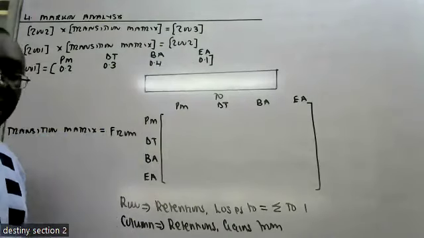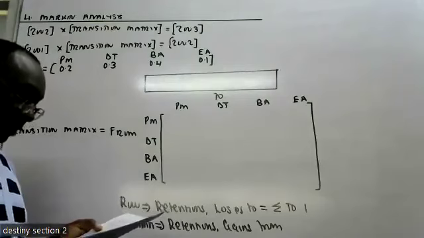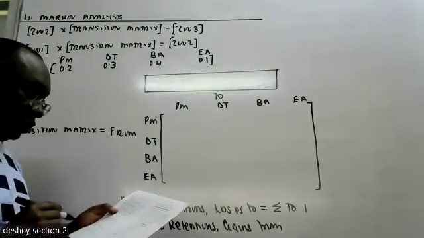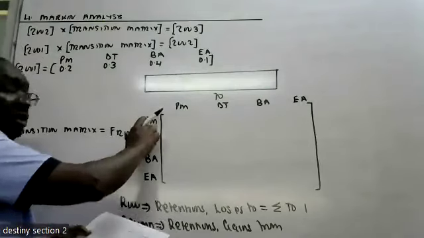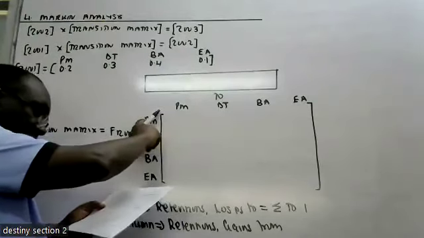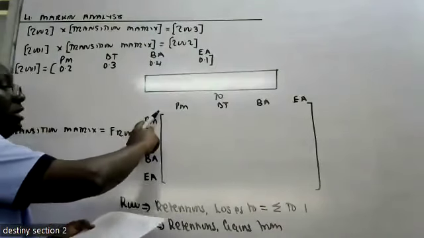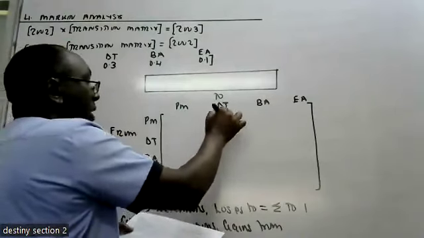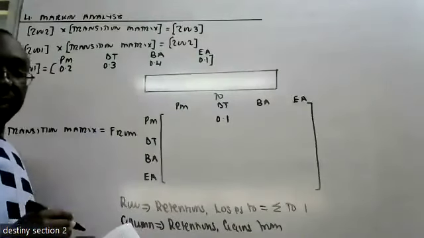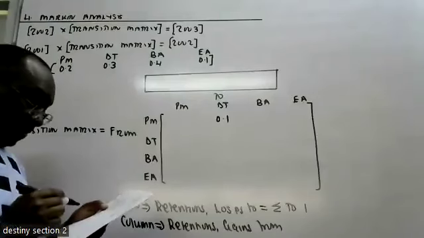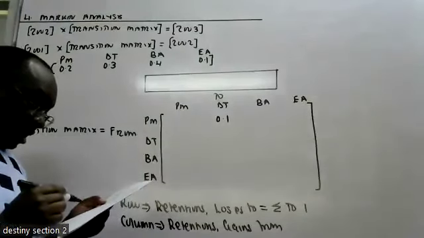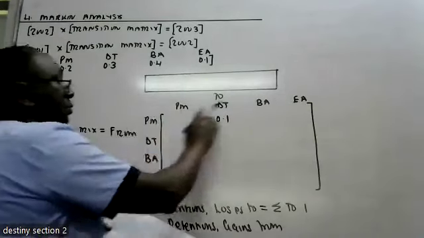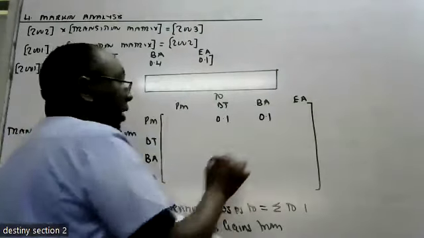So we start now reading and recording. Information 1 says, out of those NGOs which used PM auditors in 2001, 10% switched to DT. So from PM to DT, we have 0.1. 10% switch to BA. So from PM to BA, 0.1.